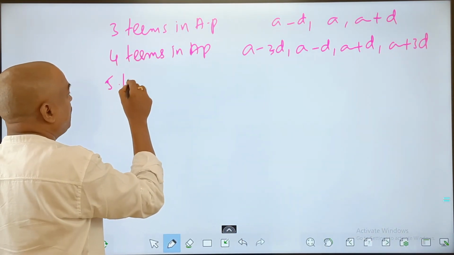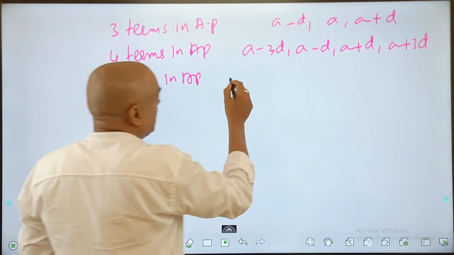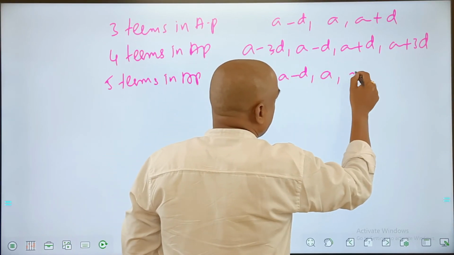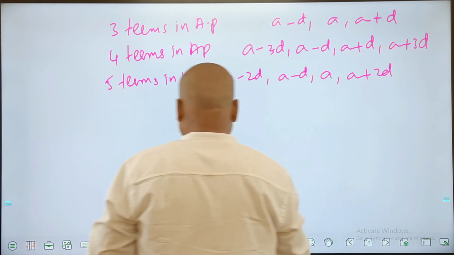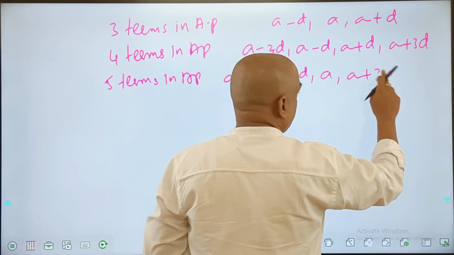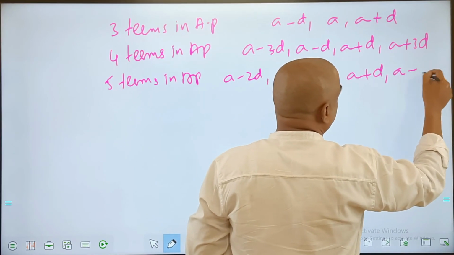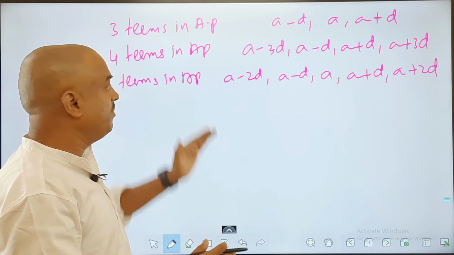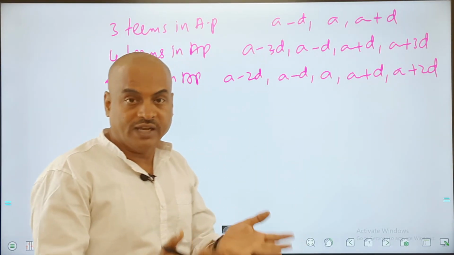If it is said 5 terms, my friend, 5 terms in AP, then it should be A minus 2D, A minus D, A, A plus D, and finally A plus 2D is what I need to take. The idea behind them is all the same. Minus 2D plus 2D cancel, minus D plus D cancel, I'll get the value of A anytime.